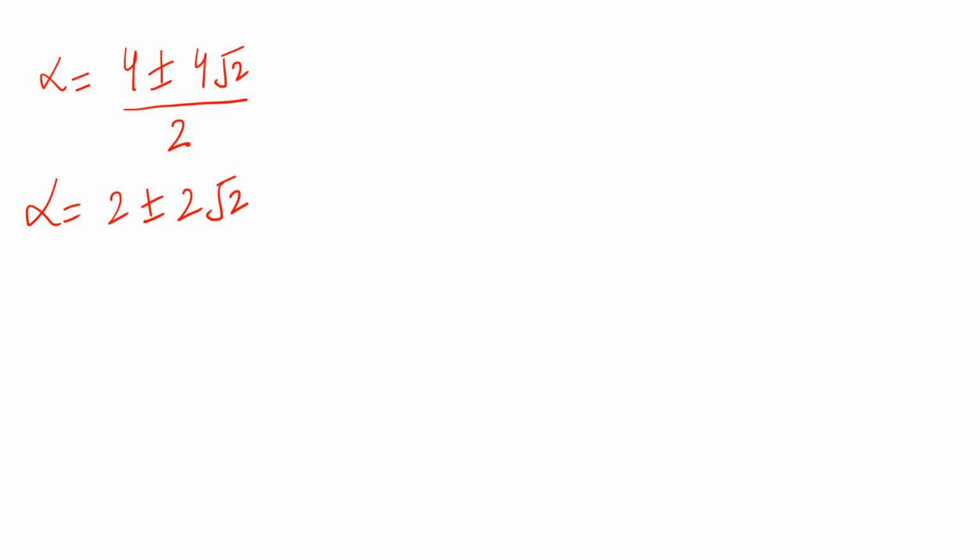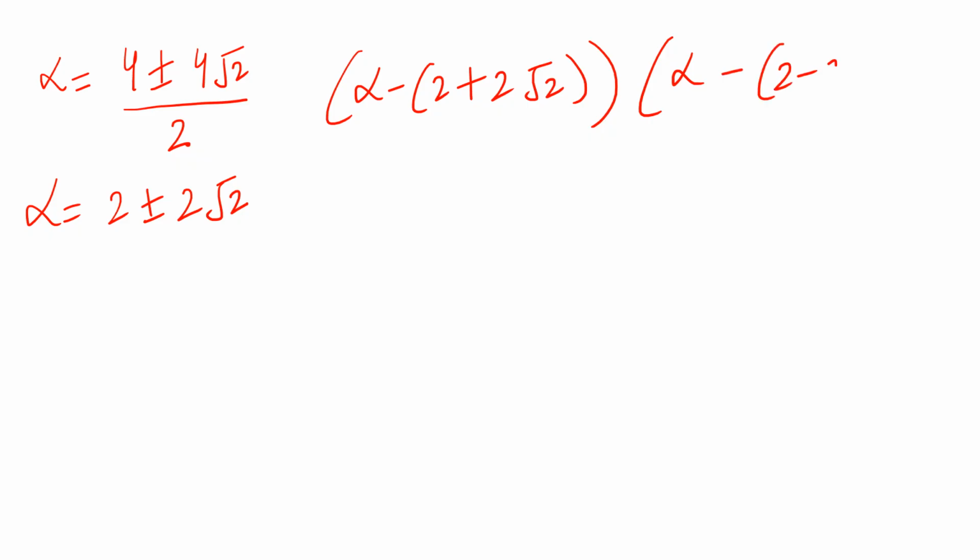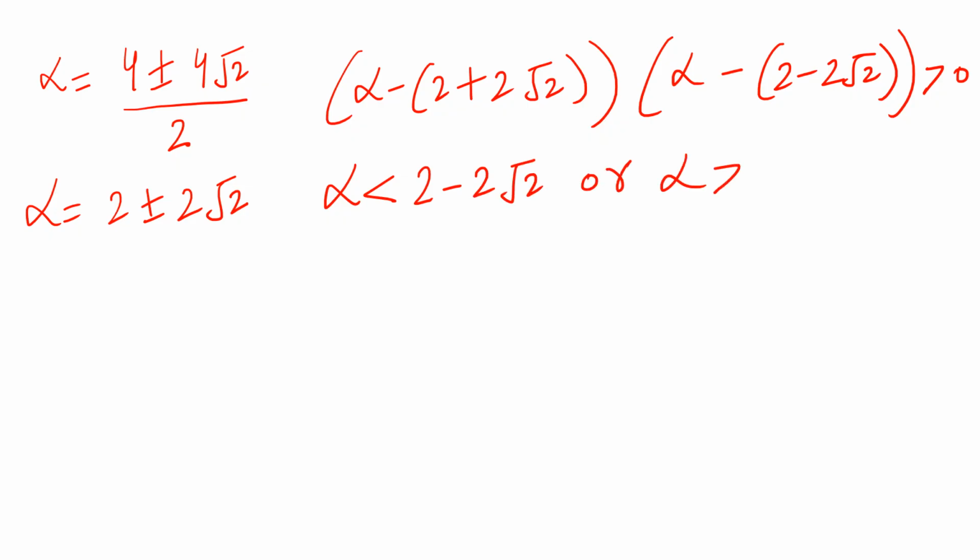So the factors are alpha minus 2 plus 2 root 2 and alpha minus 2 minus 2 root 2. And this particular quantity is greater than 0. So as per the wavy curve method, alpha is either less than 2 minus 2 root 2 or greater than 2 plus 2 root 2.